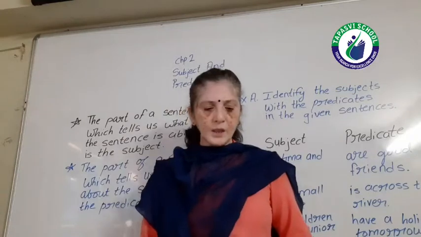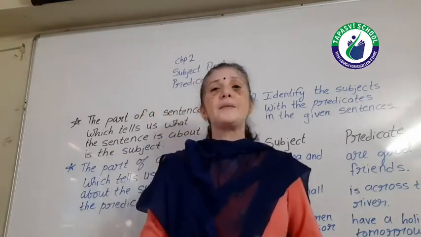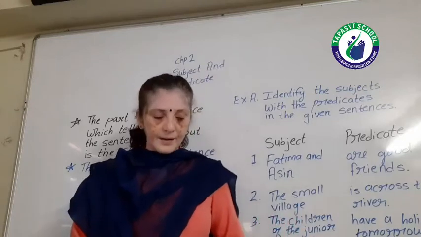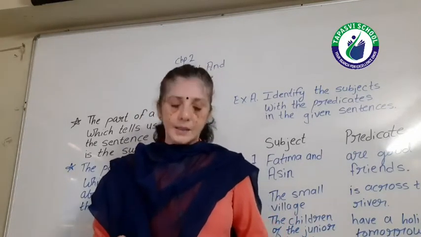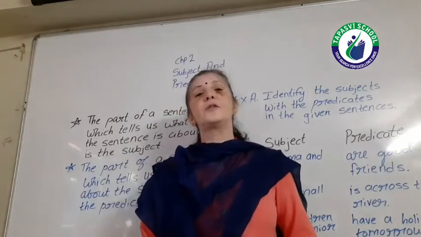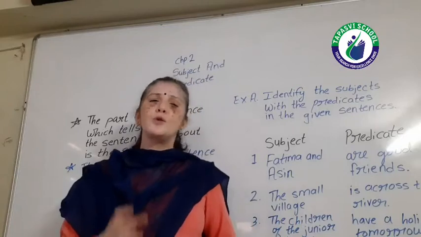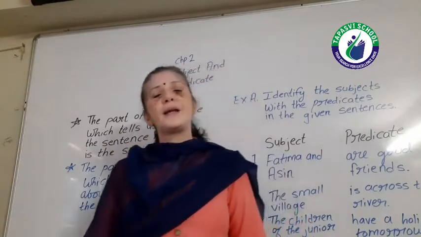Now, the order of the subject and predicate. How are subject and predicate written? Usually the subject comes before the predicate, but often for emphasis, the predicate can come before the subject. See students, usually the subject comes first and the predicate comes later.